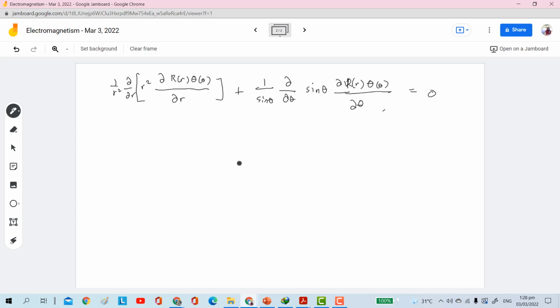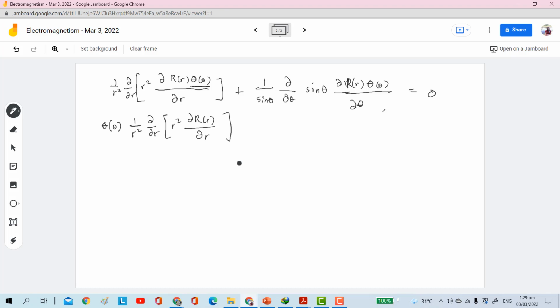So what we will do is take this out of the differential equation, since this is a partial derivative with respect to r, which means we can treat Theta as a constant and take it out. Theta as a function of theta, you have 1 over r squared, partial derivative with respect to r of r squared times partial of R with respect to r.